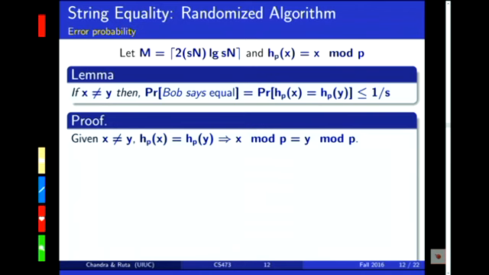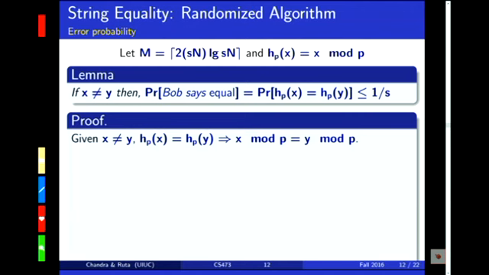So the probability that Bob says equal is the same as the probability that, when x does not equal y, hp of x equals hp of y. In general, instead of 5, let's say some number s, so m is s n log sn, and we want to bound this probability to 1 over s. I just replaced 5 with s, some number.